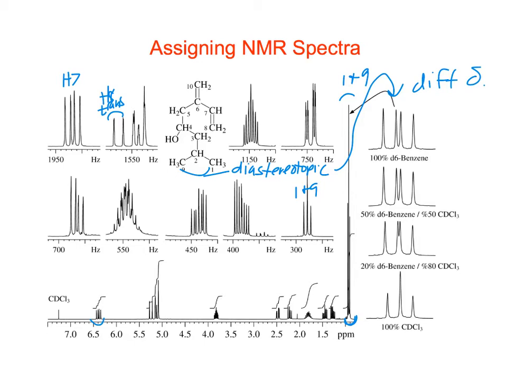Now, I think the intensities here are not the same, though, because notice that this peak is taller than this one over here, which makes this look too small compared to that. But in fact, they integrate the same. I think they just plotted everything so they were kind of the same height. All right, so we were looking at the small coupling here, which has to be the cis one then.